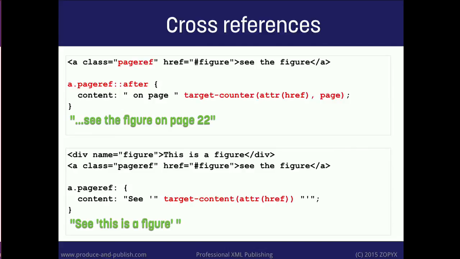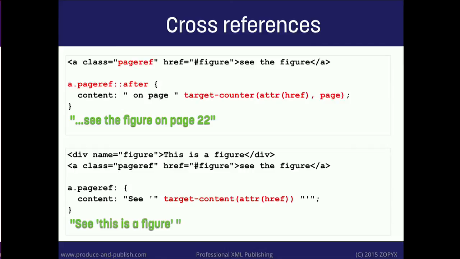The same can be done using target content, where you want to fetch or reference text from other elements. For example, you could have a div element with the name figure. In this case, this has the text "this is the figure". And we have the same reference as in the example above. Using the target content function, you could inject or replace the content of this element.